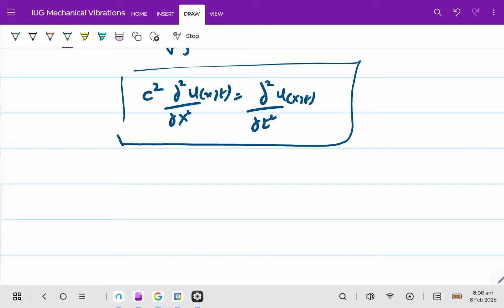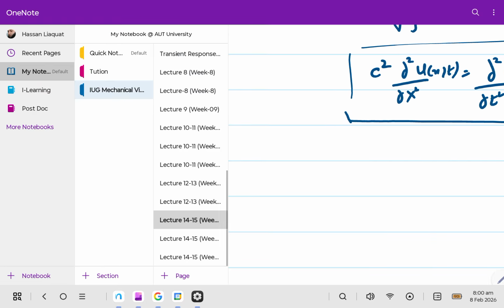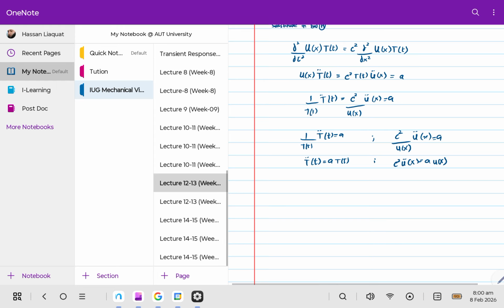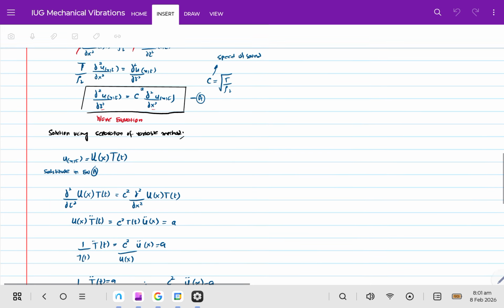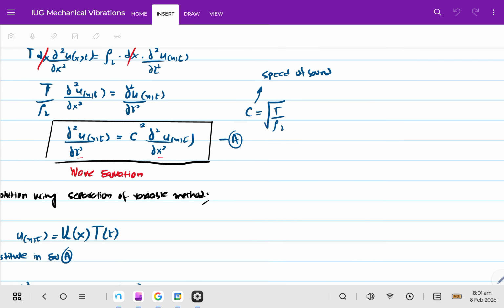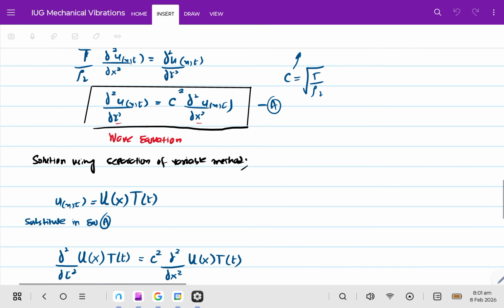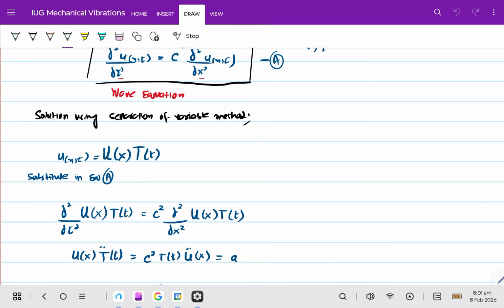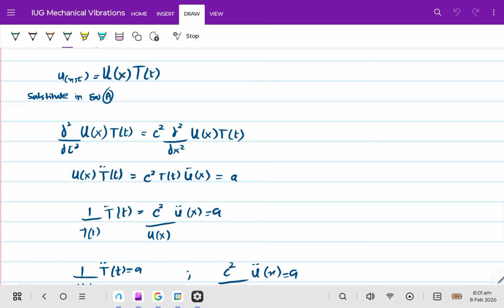And if you recall, we tried to solve that one in our last lecture using a special method for partial differential equations. That's the same equation we have here as in the vibrating strings. We used the separation of variables method and solved them separately.